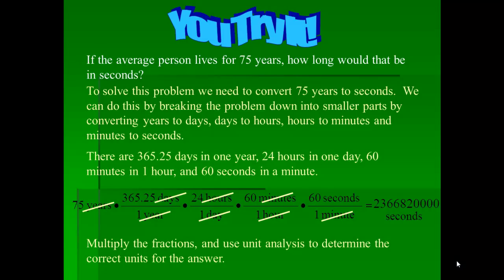By converting years to days, days to hours, hours to minutes, and minutes to seconds: there are 365.25 days in 1 year, 24 hours in 1 day, 60 minutes in 1 hour, and 60 seconds in a minute. 75 years times 365.25 days over 1 year times 24 hours over a day times 60 minutes per hour times 60 seconds per minute equals 236,682,000 seconds.